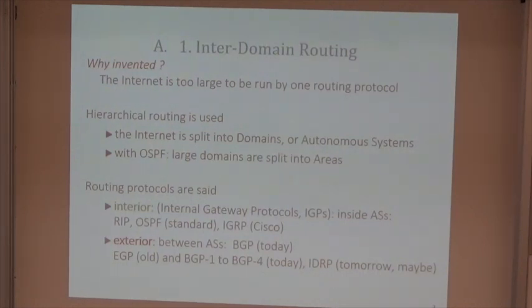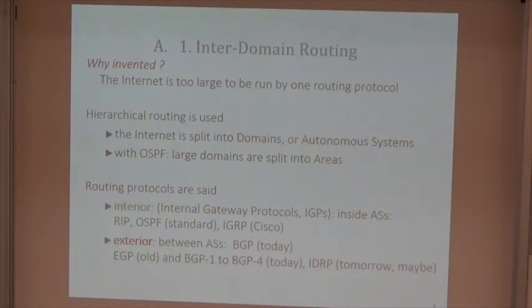Now, how you run them, how you deploy them, how many routers you put, whether you have links at 1 gigabit or 100 gigabit, how much you charge, who connects to whom, this is not specified by anybody. That's an emerging property of business, of the interest of people to be connected with each other. So nobody is running the internet, and this is, as we will see, reflected in the way BGP is designed.